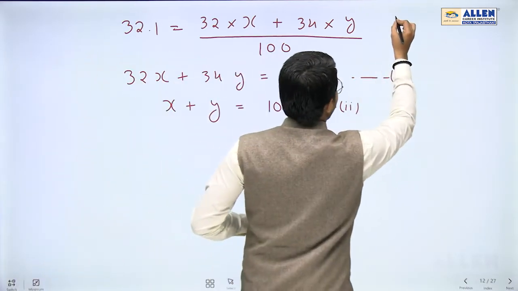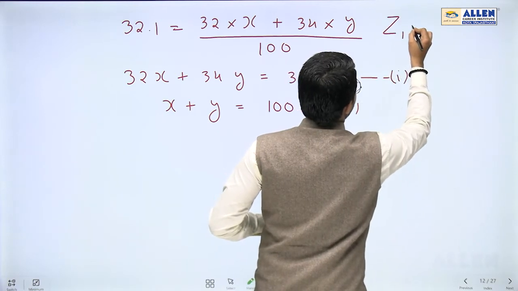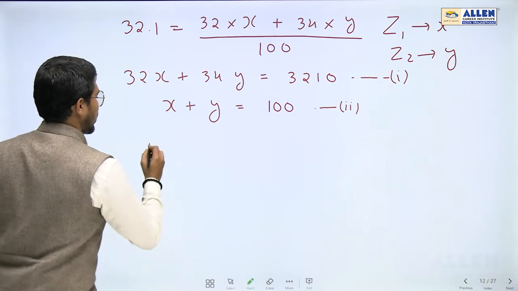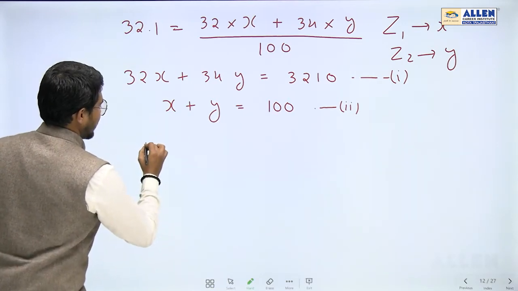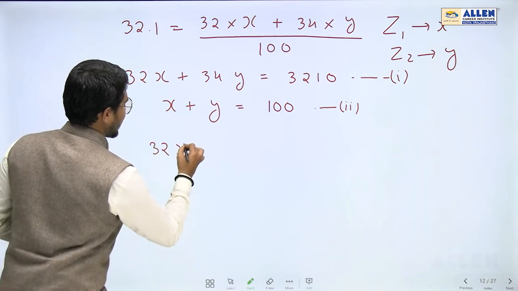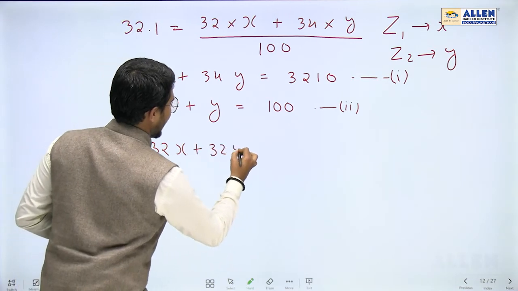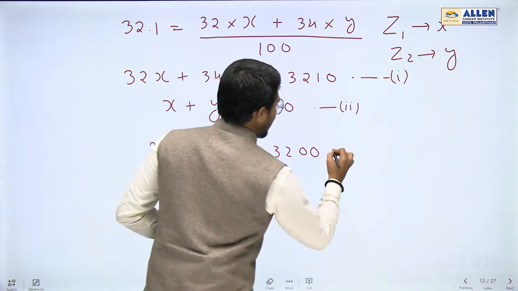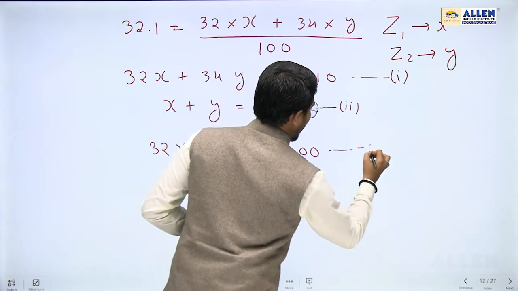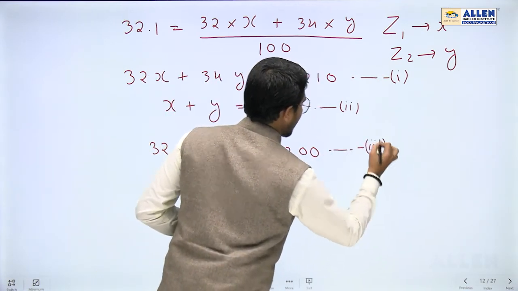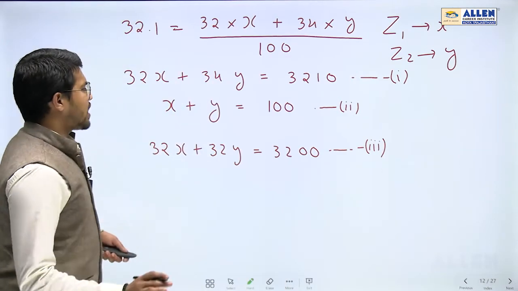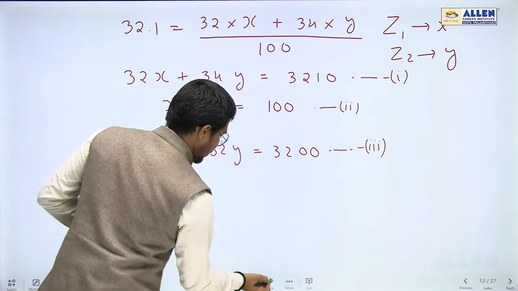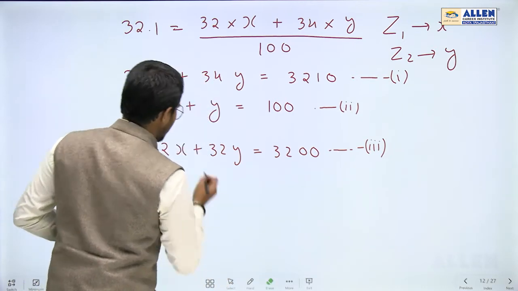If I multiply equation 2 by 32, we get 32x plus 32y is equal to 3200. This is our third equation. So we'll simply solve the first and third equations.